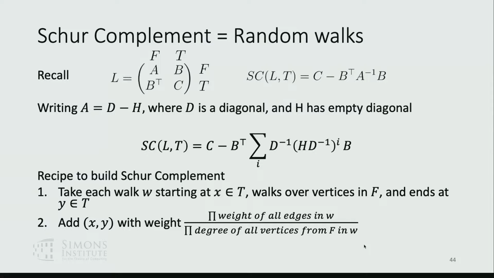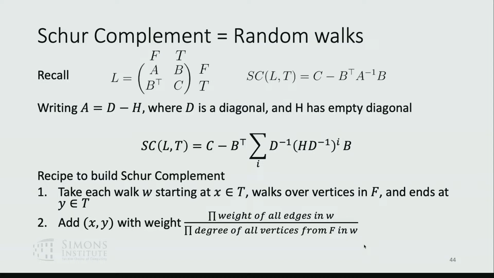Right? And what is the weight that you put on it? The weight you put on it is a ratio. The numerator is the product of weights of all the edges. If I take X, U, V, Y, I have three edges. Take the product of all the three edges up here.